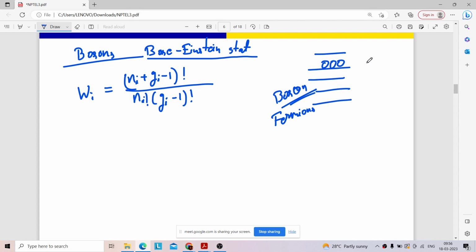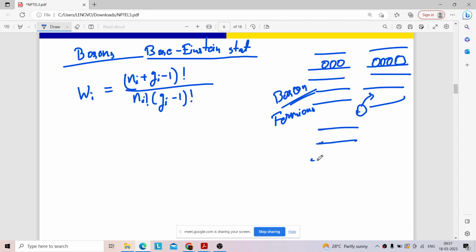It's an analogy. You can say there are three states already empty for a boson coming from outside. So it has some extra states compared to fermions. For fermions, if a fermion comes from outside to sit on these stairs, only one possibility is there.